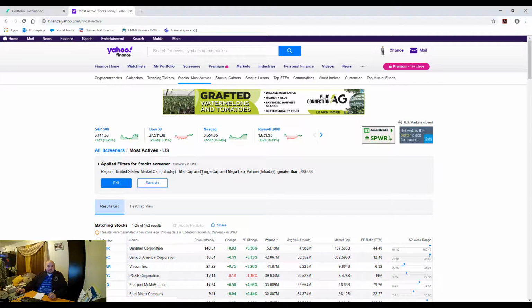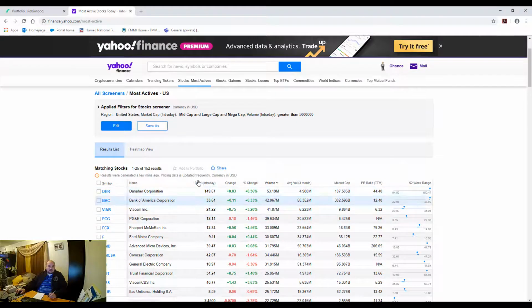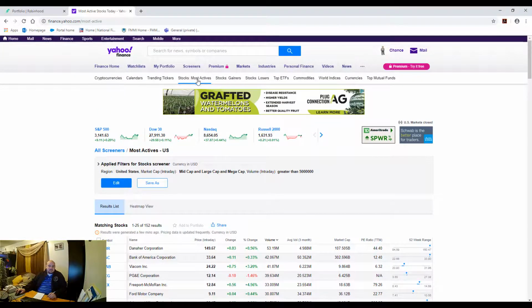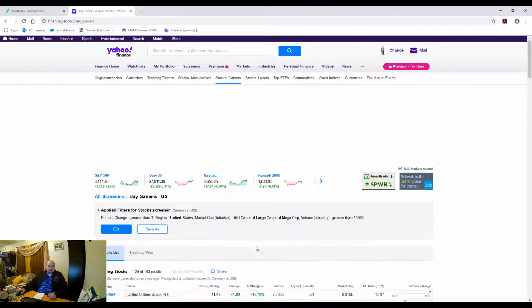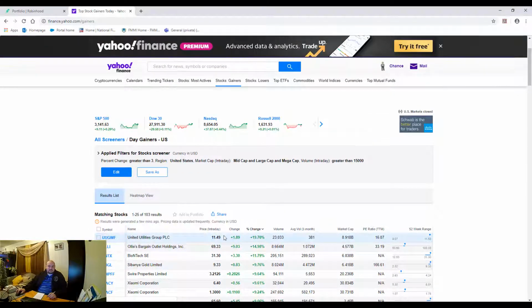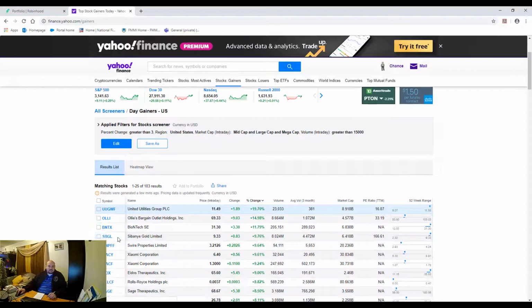So there's the stock gainers, the stock most active. The most active is where the volume of activity is really high. The stock gainers lets you see how much of a gain some of these stocks have made for the day. And then you can go in and look at some of these extra details.